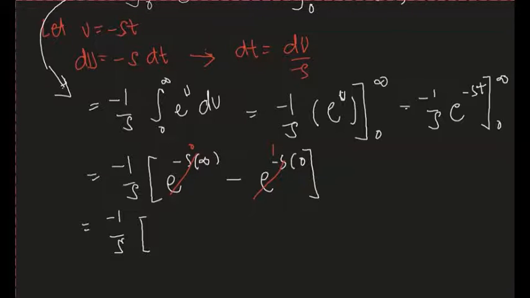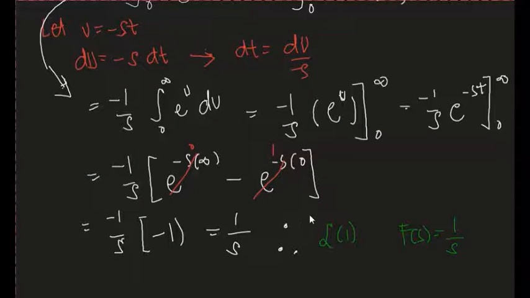So this now will be 0 minus 1, so this is equal to negative 1. So negative 1 times negative 1 will be equal to 1 all over s. So this means that, therefore, ang aton nga answer, the Laplace transform of 1 will be equal to 1 all over s. So this now will be aton nga final answer.